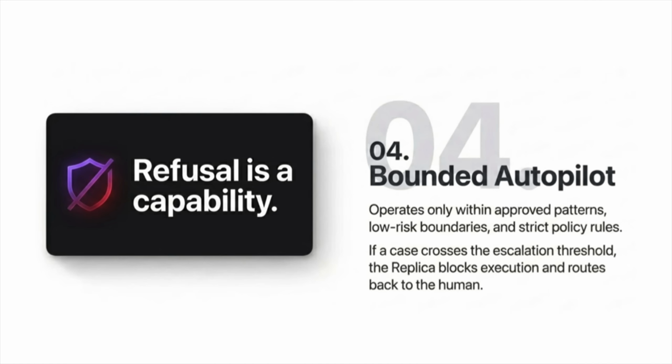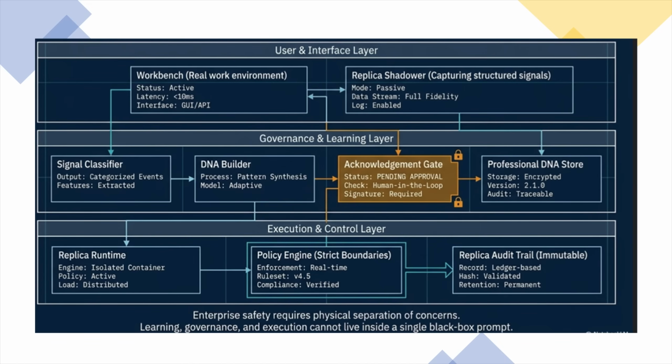Let's talk architecture without going too deep technically. What building blocks are needed? At a high level, there are several layers and blocks. First, the workplace or workbench where the professional does real work. In Henry's case, that is the loan operations workbench. Then, the replica shadower, which observes approved work signals.